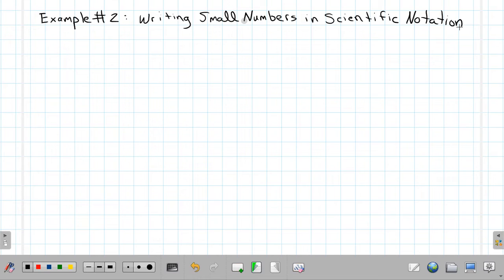Okay. And once again, they give you some context here about where they get this number. In general, though, you just need to be able to say, all right, I've got this small number. How am I going to write this as a number in scientific notation? So they give you some backstory here.